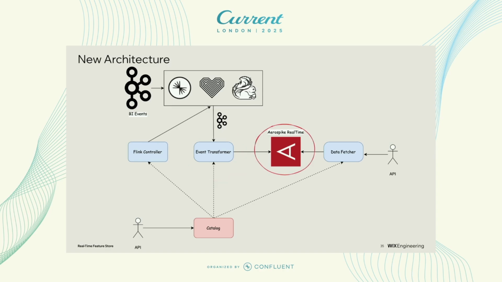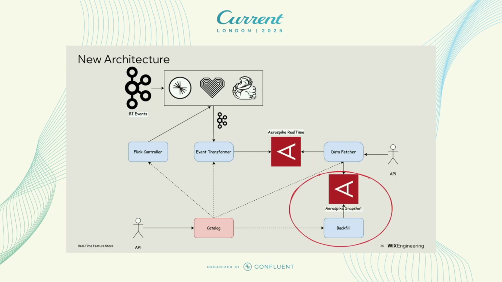And it puts the result into our real-time database, Aerospike. We also support backfill to process and calculate historical data. After we showed the whole architecture, I want to dive a little bit into each of our microservices.